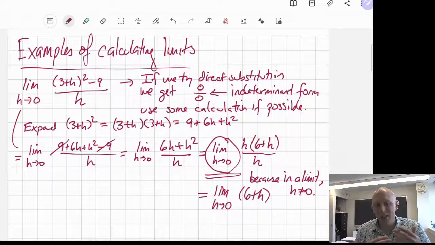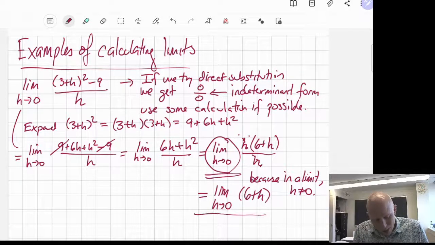So when you're talking about this limit as h goes to 0, we don't actually care about what's happening exactly at 0. And that's exactly what's happening when we try to cancel the h in the numerator and the denominator.